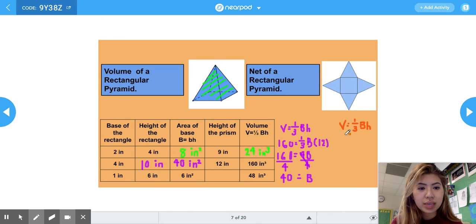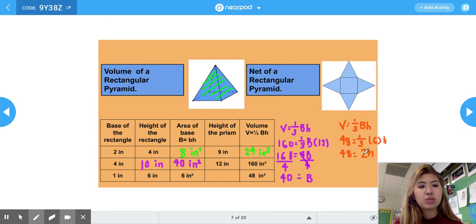Our volume in this case is 48, is equal to 1/3. Our base area is 6, but we don't know what our height is. So next I'm going to multiply what I can. So we have 1/3 times 6, which is the same thing as 6 divided by 3. So then we have 2h.